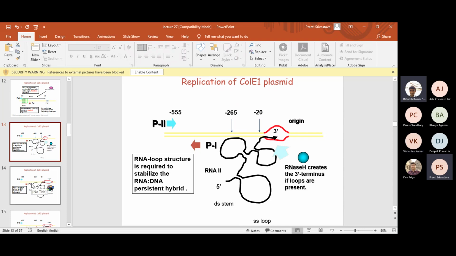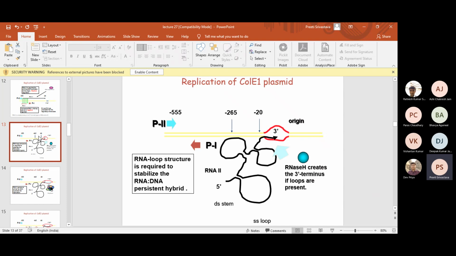Perhaps he is asking that when primase is there, which incorporates the primers, then why is RNA2 needed? So the answer is because you need regulation. You do not want to make it endlessly. Point number two, many a times you do not want the same enzymes to be used for plasmids because you do not want the cell to be overburdened.